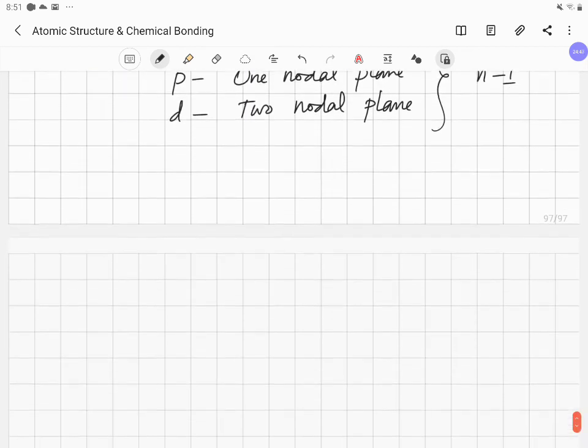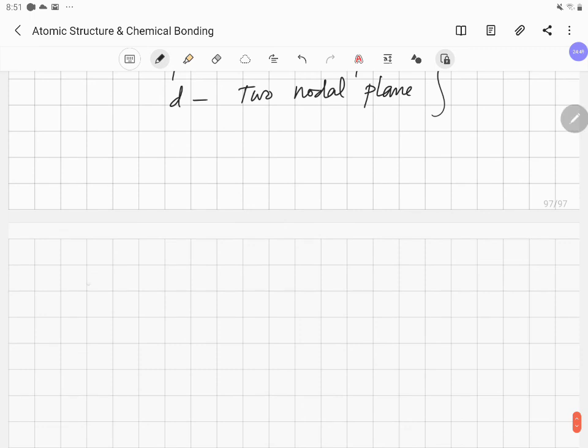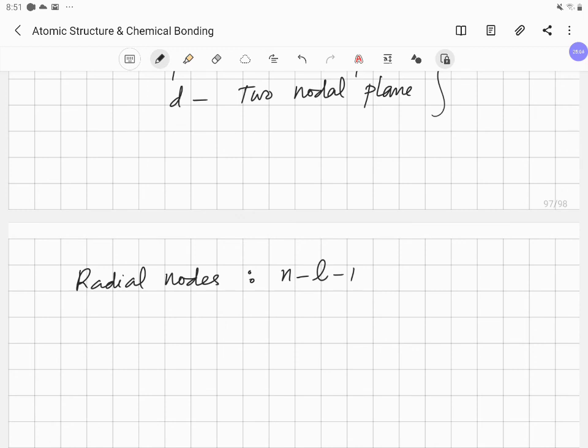So if I write the number of nodes, the number of radial nodes is n minus L minus 1. The nodal planes are also known as angular nodes. So the number of angular nodes, that we have just seen, is n minus 1.